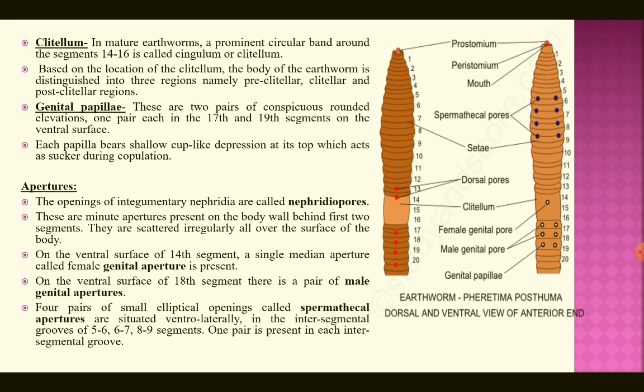Intersegmental means in between the segments; in that groove you find these openings, in the intersegmental groove between segments 5 and 6, 6 and 7, and 7 and 8. So one pair is present in each intersegmental groove. You can observe these pictures for a clear idea as to how these apertures are placed.